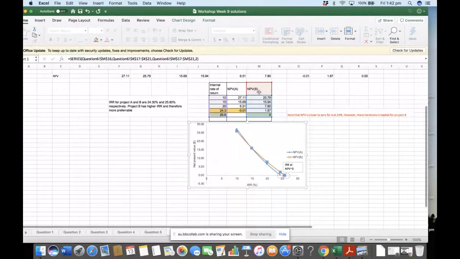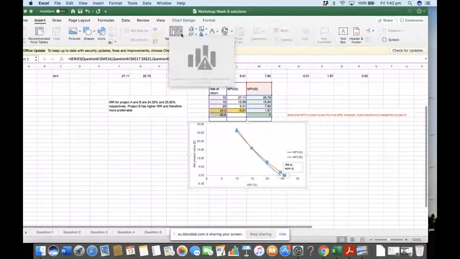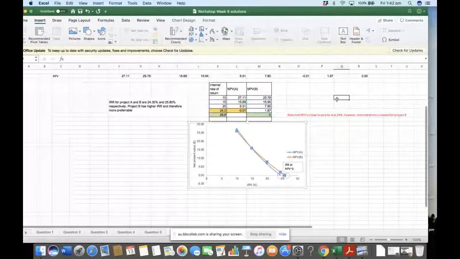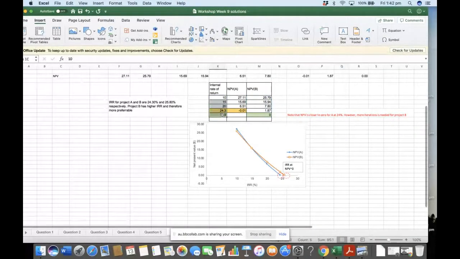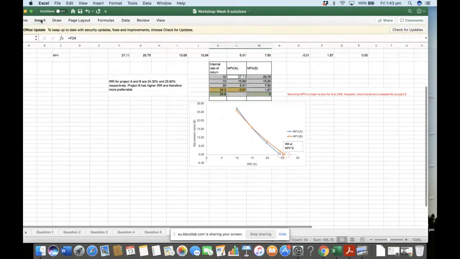So what you're going to do is select both of these, and then go to insert. Okay, let me select it one more time. So you have your discount rates, you have your net present values, and then this as well. Let us just try to go to insert.